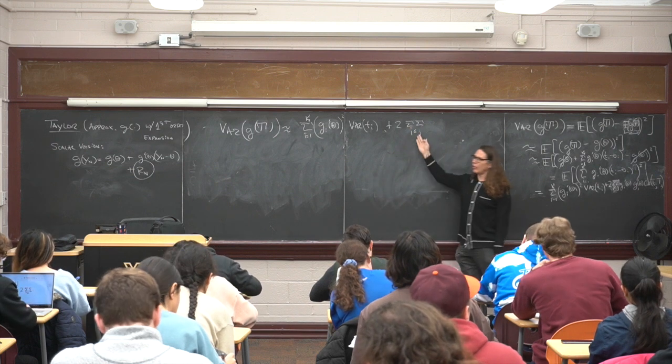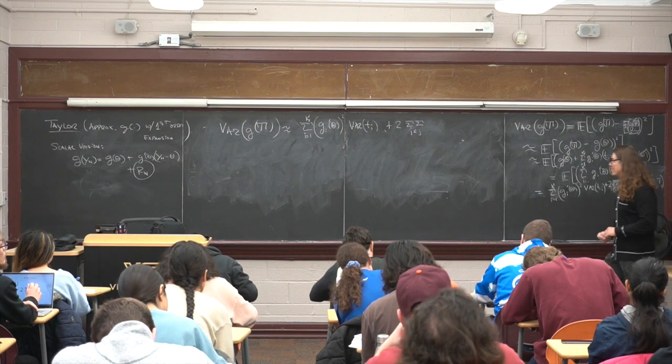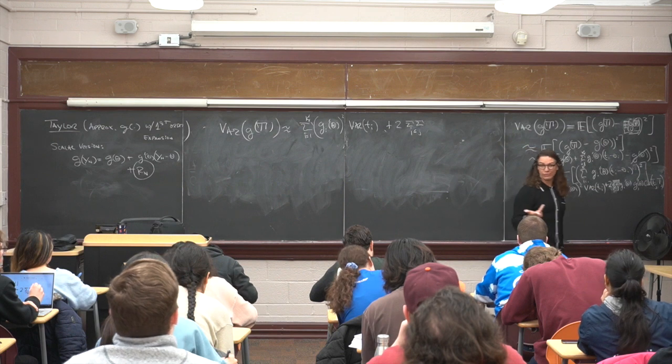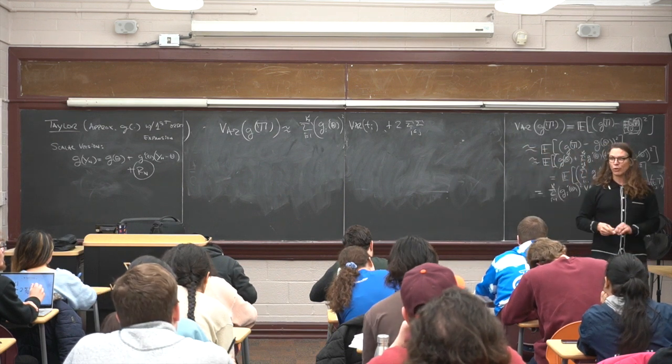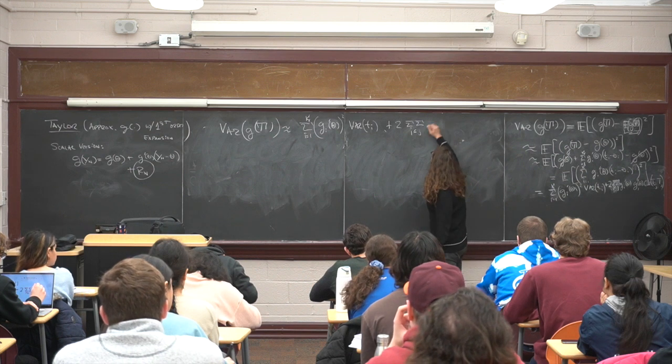So I'm going over all the pairs and I'm making the i's less than j and multiplying by 2. If you don't like multiplying by 2, you can sum over all ij pairs. It's just that it's symmetric, so a bunch of these things I'm just getting added up twice.